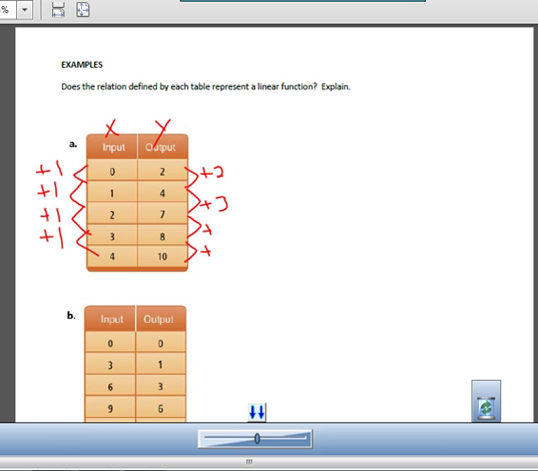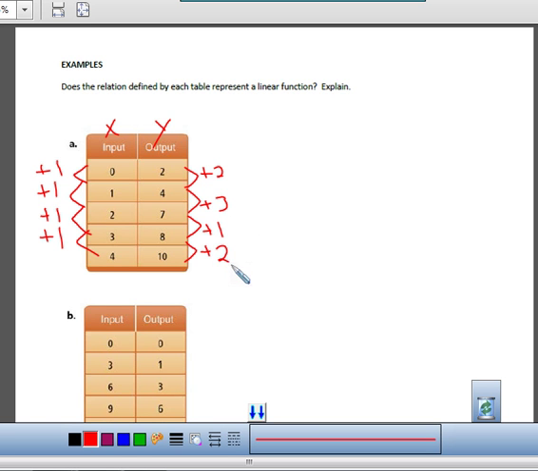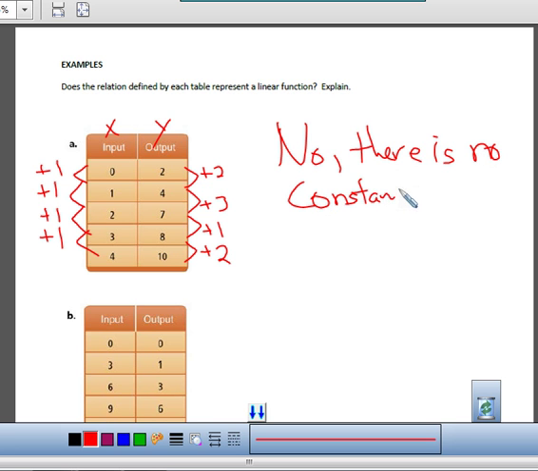From 7 to 8 is actually increasing by 1, and then plus 2. Alright, so is this a steady rate of change? And the answer is no. There is a constant change for x, or the input. We'll just say no. There is no constant rate of change.